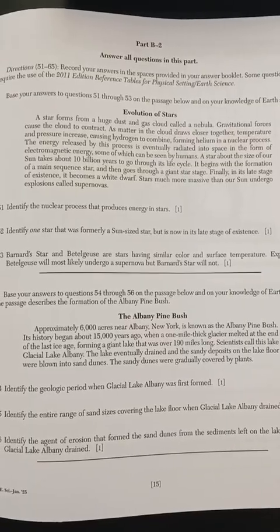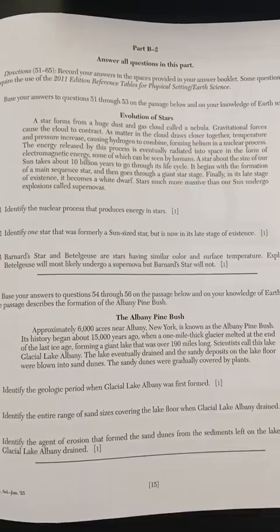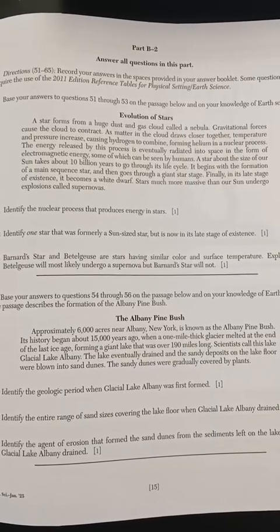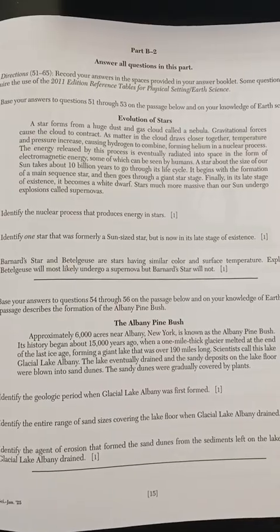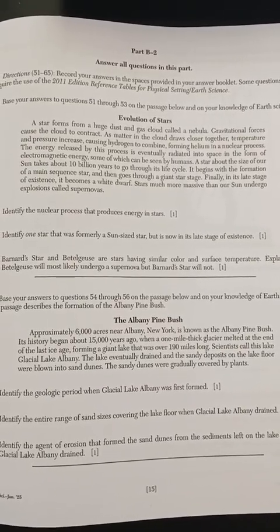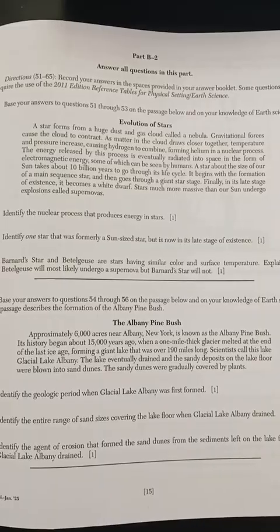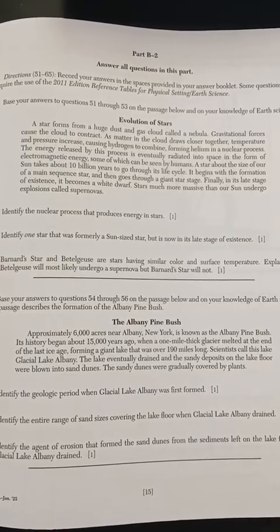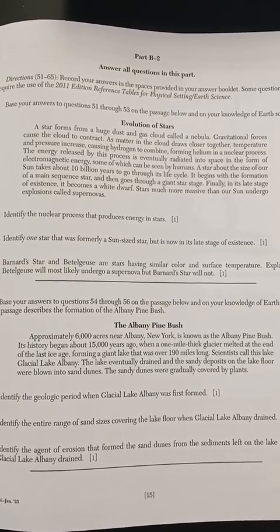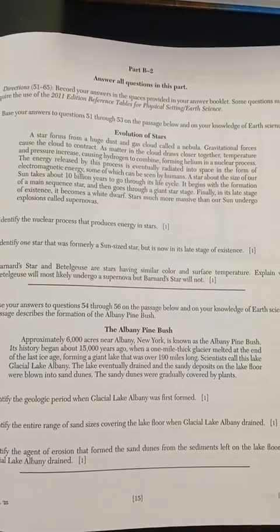A star about the size of our sun takes about 10 billion years to go through its life cycle. It begins with the formation of a main sequence star and then goes through a giant star stage. Finally, in its last or late stage of existence, it becomes a white dwarf. Stars much more massive than our sun undergo explosions called supernovas.